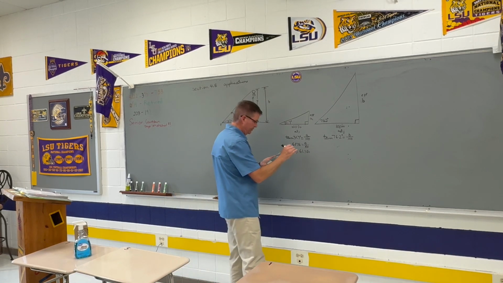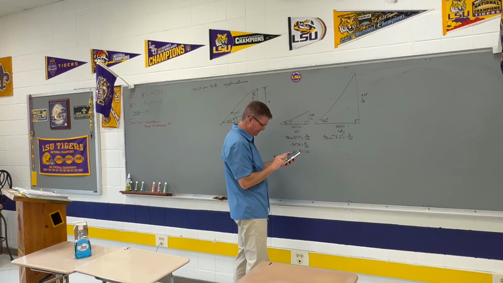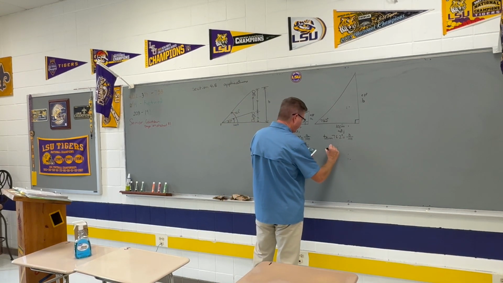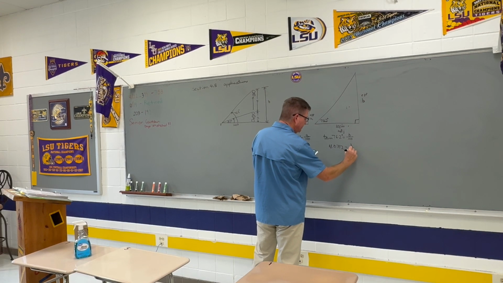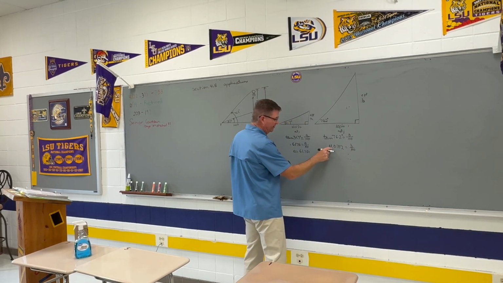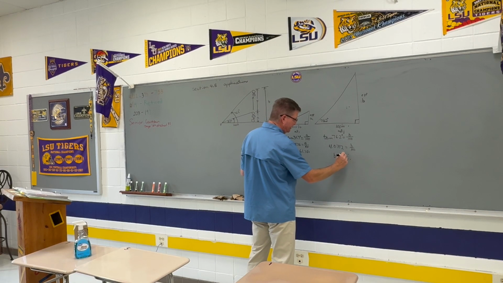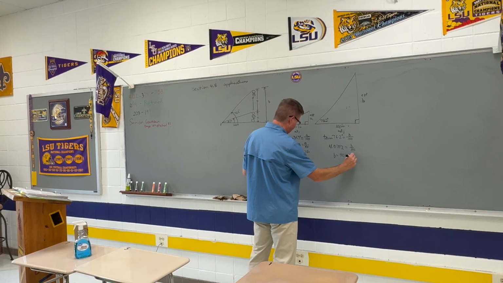And on the other one, we got the tangent of 76.2 degrees. That's going to be 4.0712 equals B over 100. Again, when I bring that over, it brings the decimal over two. So B is going to be 407.1 feet.